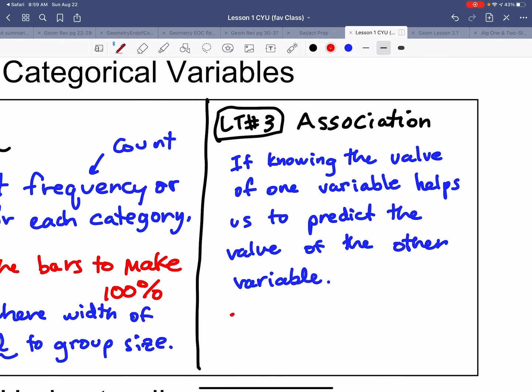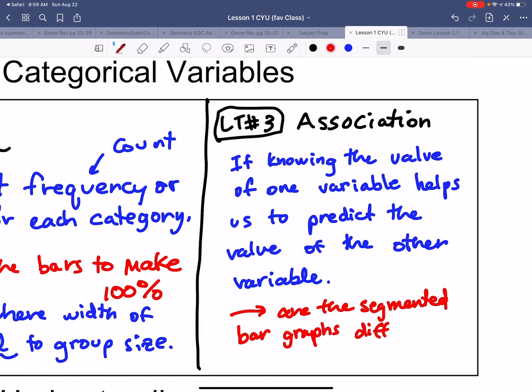The quickest way we were able to do that is ask ourselves, are the segmented bar graphs different? If so, then we have to say yes, there is an association.